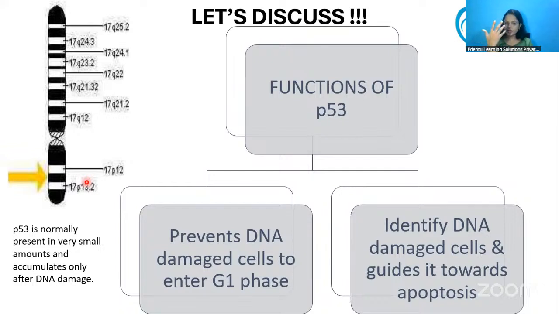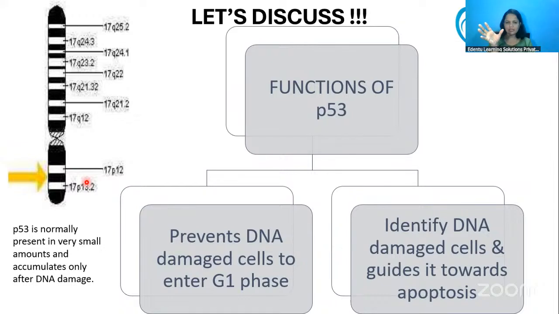Now, during this cell cycle, sometimes damage will happen to the DNA. In case some kind of damage is happening to the DNA, there must be someone to analyze it. That analyzing function is mainly done by P53.